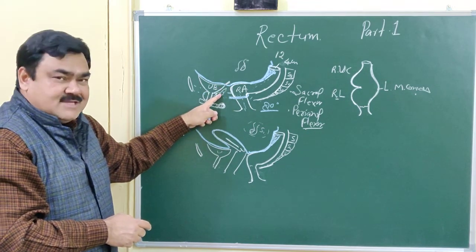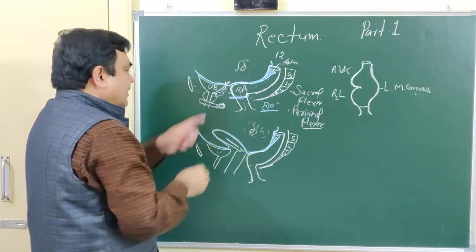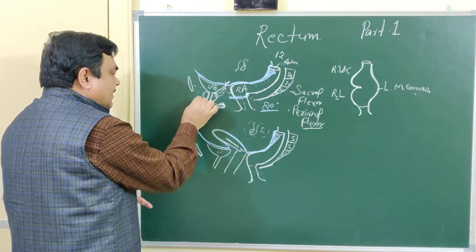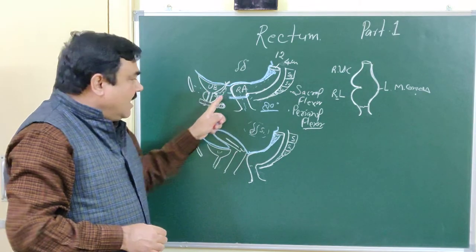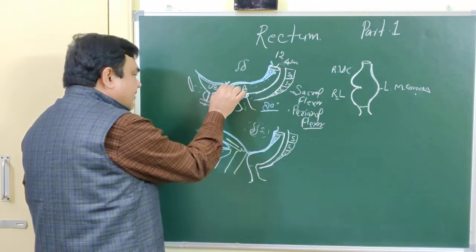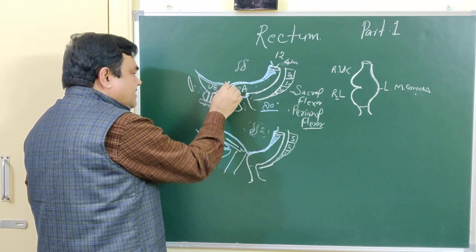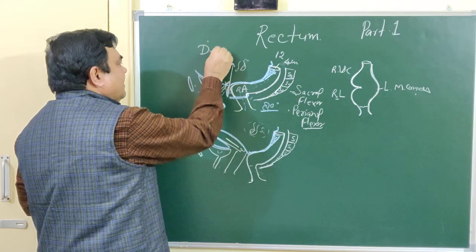Here is the seminal vesicle and vas deferens. Here is the prostate. So these structures are related anteriorly, and also here is a fascia. This is Denonvilliers fascia.